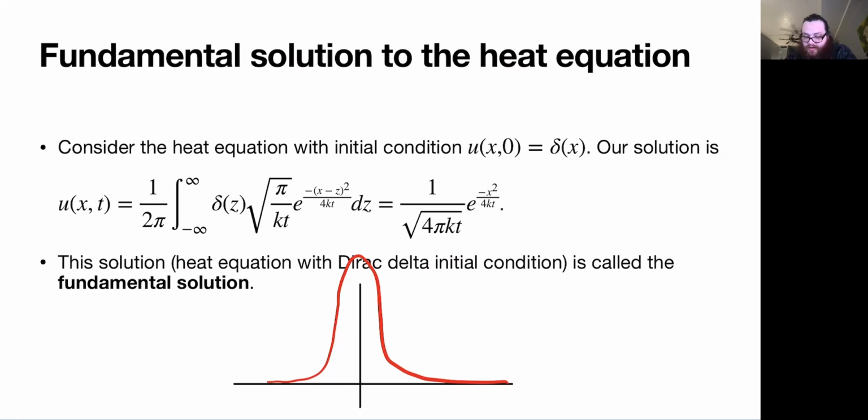Now, as t increases, as time goes on, we're changing the parameters of this Gaussian. And so as t increases, the shape of the Gaussian is going to become more spread out.